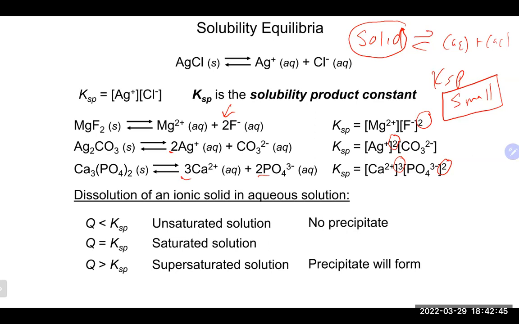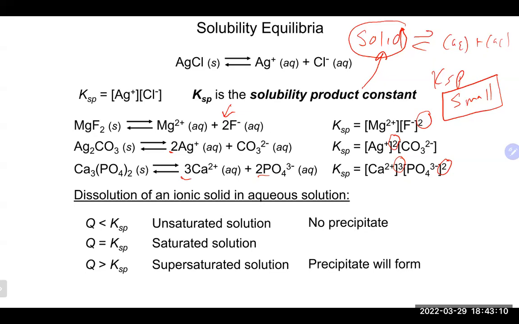In every case here, the reactant side is a solid, which essentially stays solid, but a little bit of it does break apart into ions. We'll see some really small values, like 10 to the minus 16 or minus 30, for the equilibrium constant.